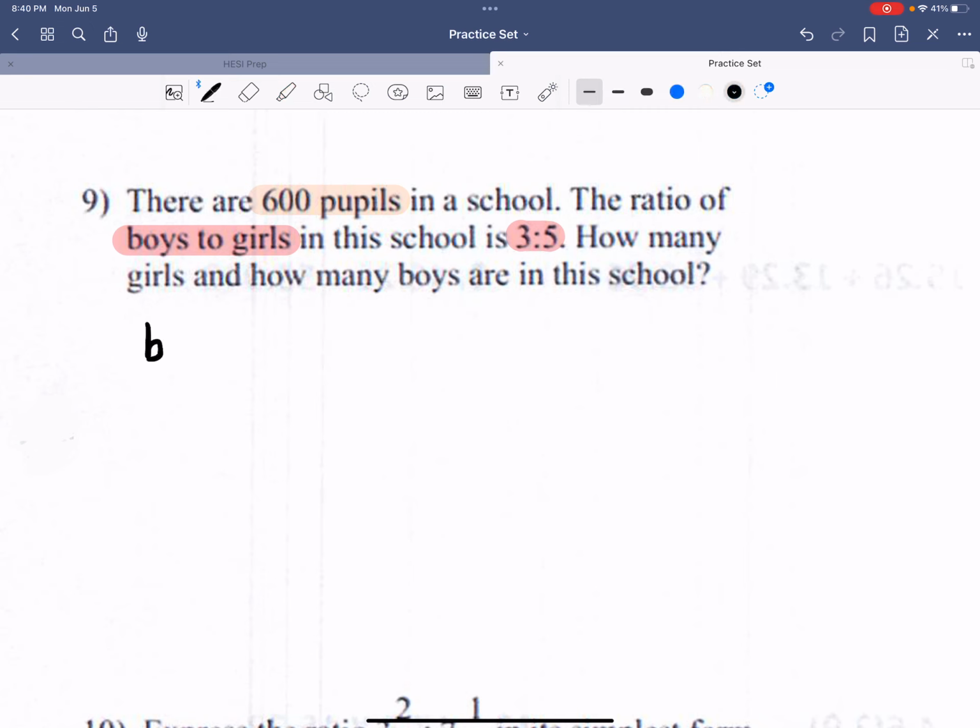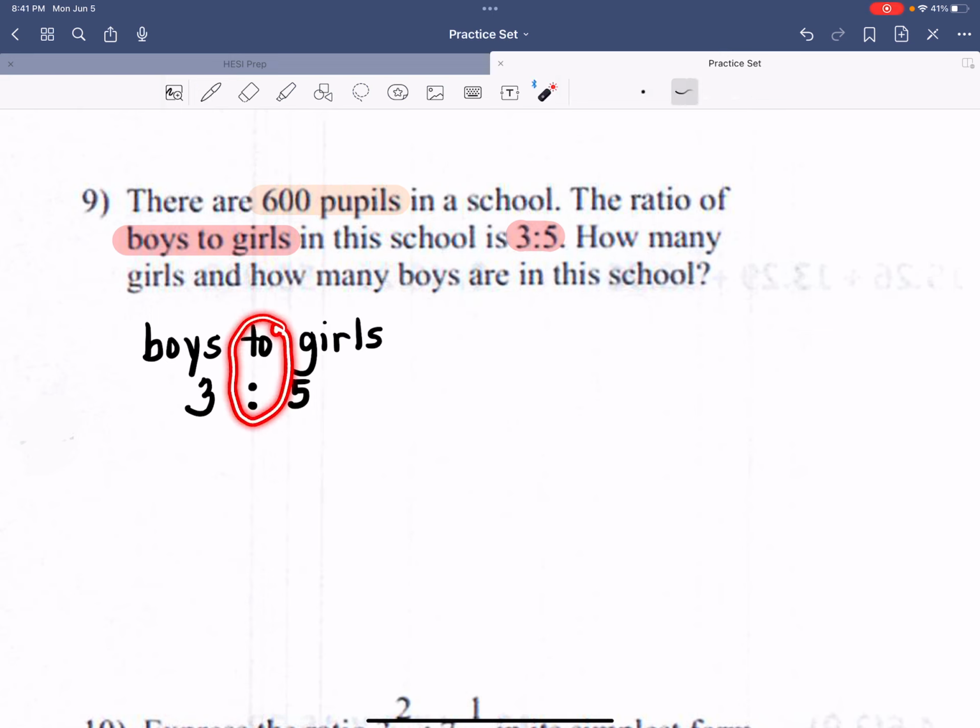I'm going to start by writing the words boys to girls, and then I'm going to bring in this ratio. Remember, these two things are saying the same thing. We could also use fraction form. But line it up, and then you've got what you need.